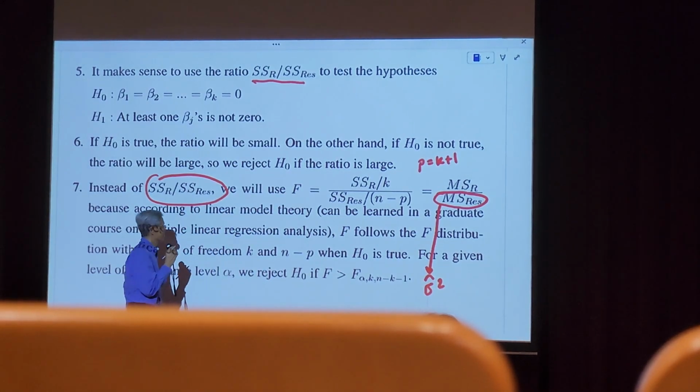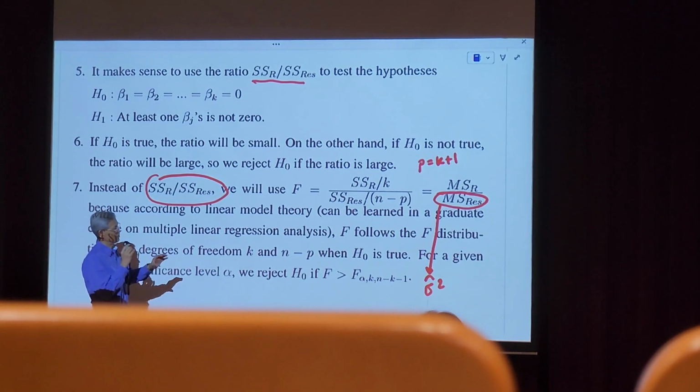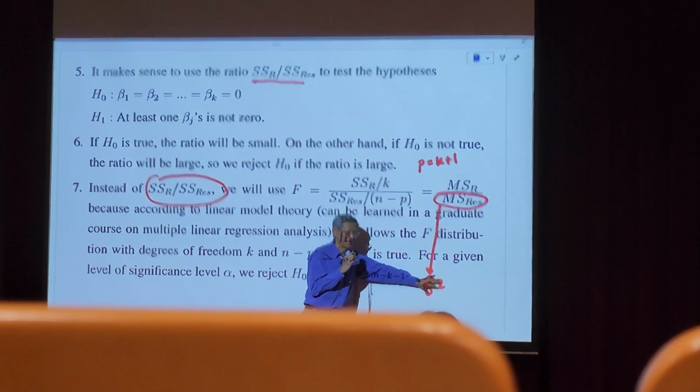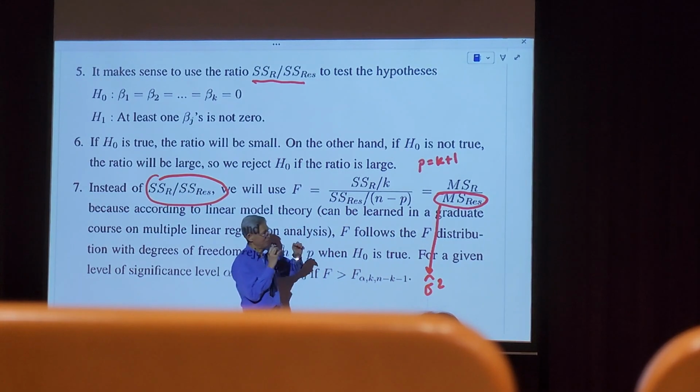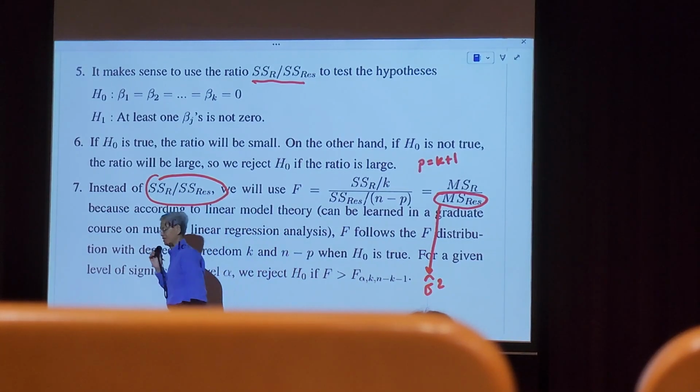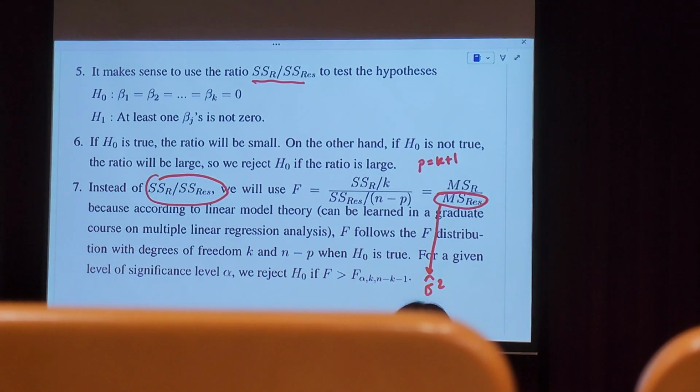Now, the logic is quite simple. We are using the variance of the experimental error to test how big this mean square regression is. And the degrees of freedom, of course, follow k and n minus p. It follows this when the null hypothesis is true.